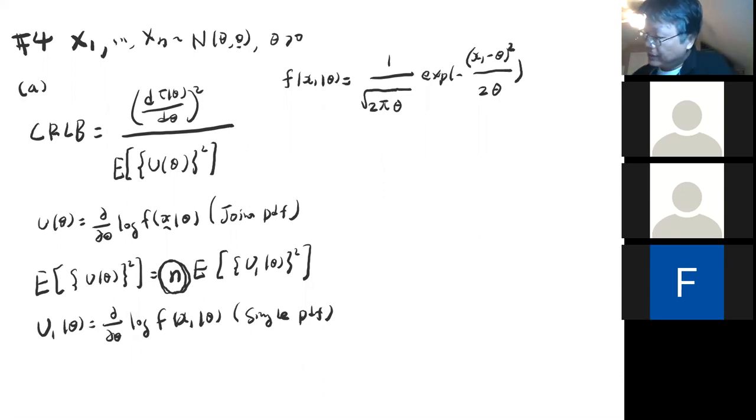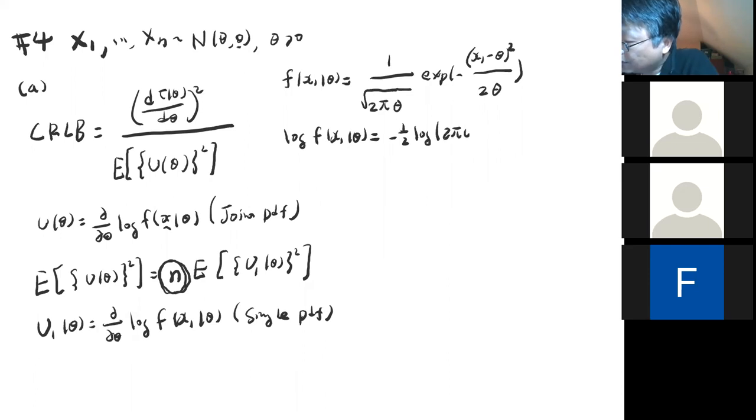Okay, so then you're deriving your log PDF. The log PDF right here is minus half log of 2 pi theta, first one, then minus (x1 minus theta) squared over 2 theta.